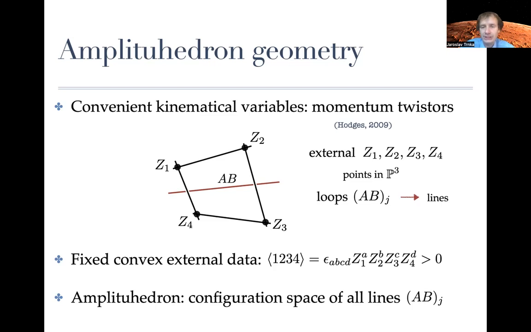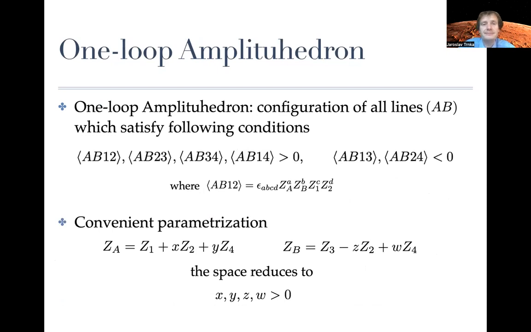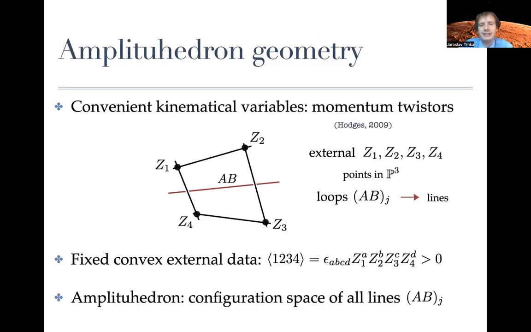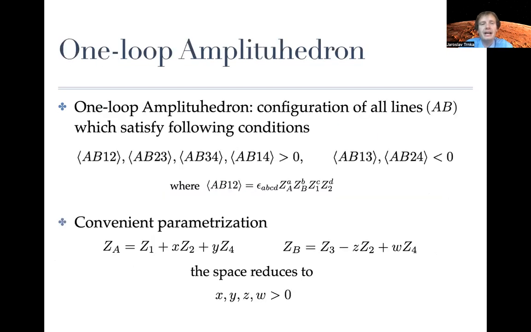We would like to restrict AB to find the geometry. The amplituhedron is, in this case, the configuration of all allowed lines AB. On this configuration space we then want to find the logarithmic form, and that would be the loop integrand. The one-loop amplituhedron is defined as the configuration of all lines AB which satisfy these conditions: these 4 brackets, the 4x4 determinants, must be positive, including AB13 and AB24, which must be negative.